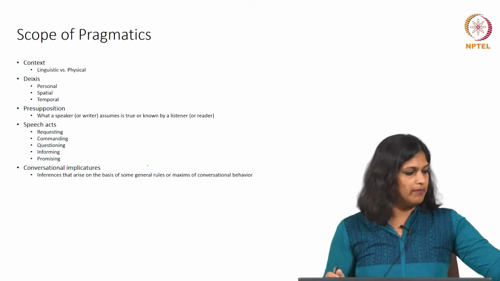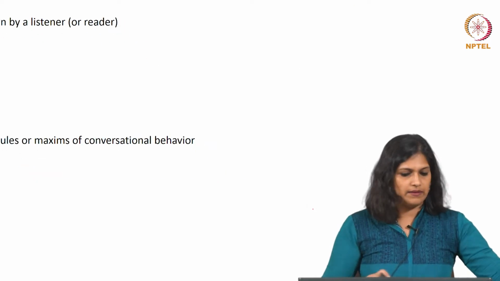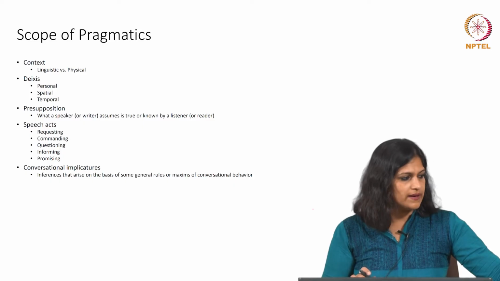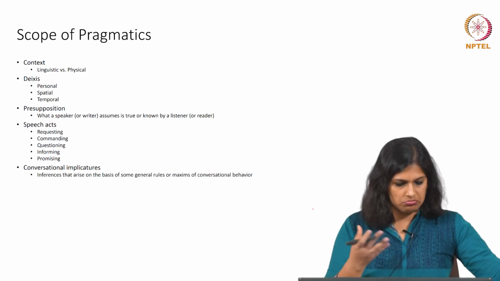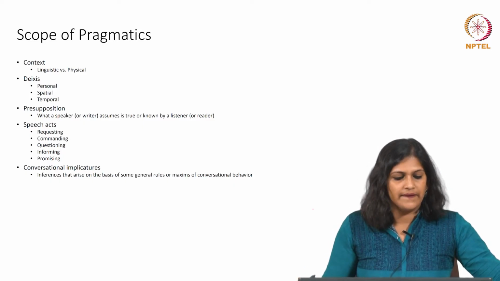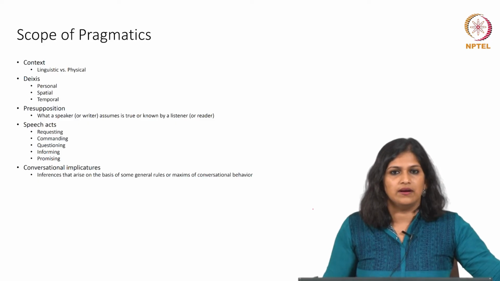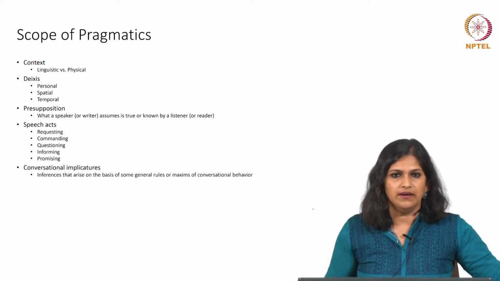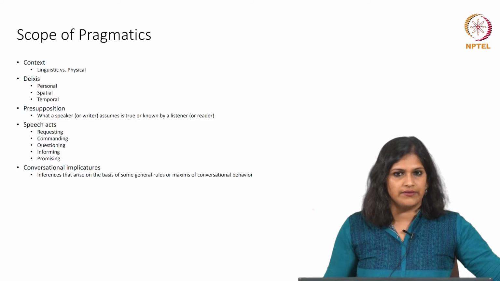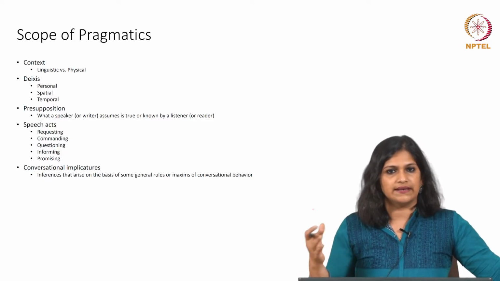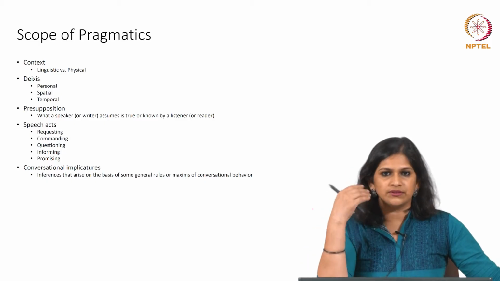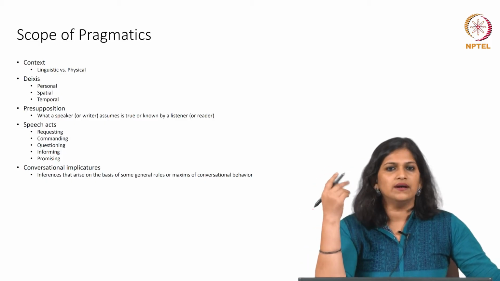We'll talk about it in more detail, but before that let us first list the contexts involved in the study of pragmatics. One would be the physical context, the other the linguistic context, and the linguistic context includes the co-text.